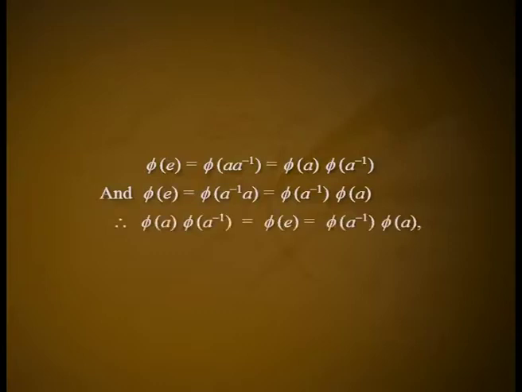2. φ(e) = φ(aa⁻¹) = φ(a)φ(a⁻¹), and φ(e) = φ(a⁻¹a) = φ(a⁻¹)φ(a). Therefore, φ(a)φ(a⁻¹) = φ(e) = φ(a⁻¹)φ(a). Since φ(e) is the identity in G', this shows that the inverse of φ(a) is φ(a⁻¹), that is φ(a⁻¹) = φ(a)⁻¹.